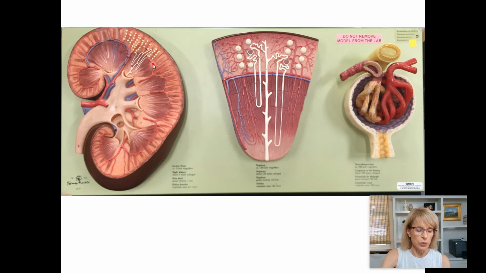Then we've got the renal medulla. Do you see this line of red and blue blood vessels here? I'm going to draw the line with my laser pointer all the way like this, okay? From there inward, all of this region is called the renal medulla.